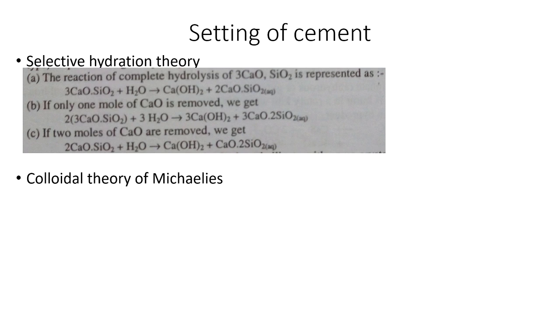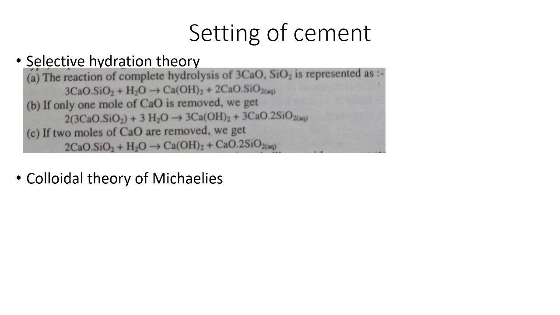They get dissolved in water and form the solution, and separate again in colloidal or gelatinous form. They do not form a homogeneous solution, so they separate as colloidal or gelatinous form. The gel fills the pores of cement and makes the cement impermeable to water.